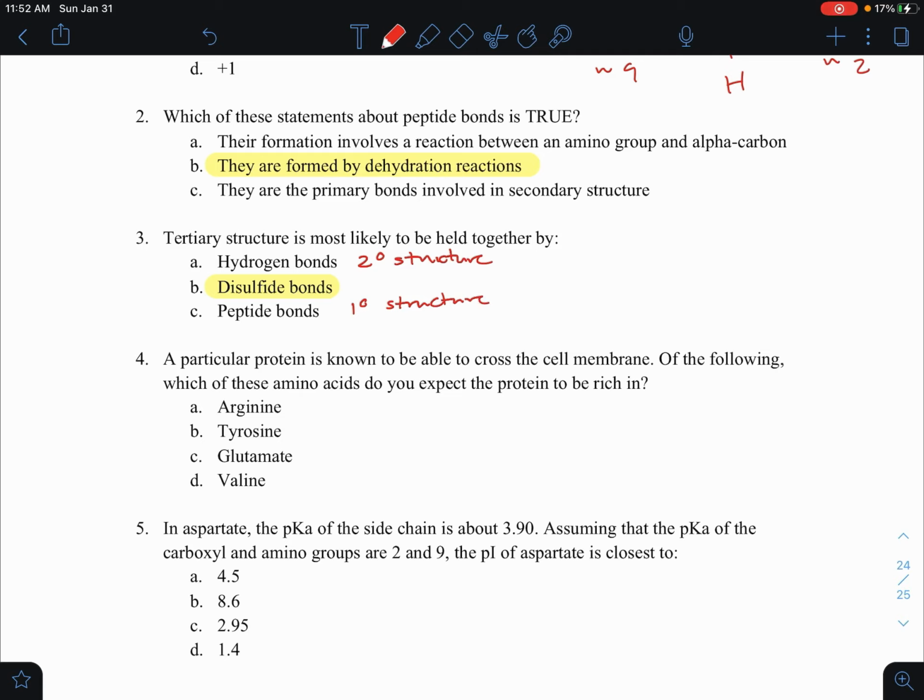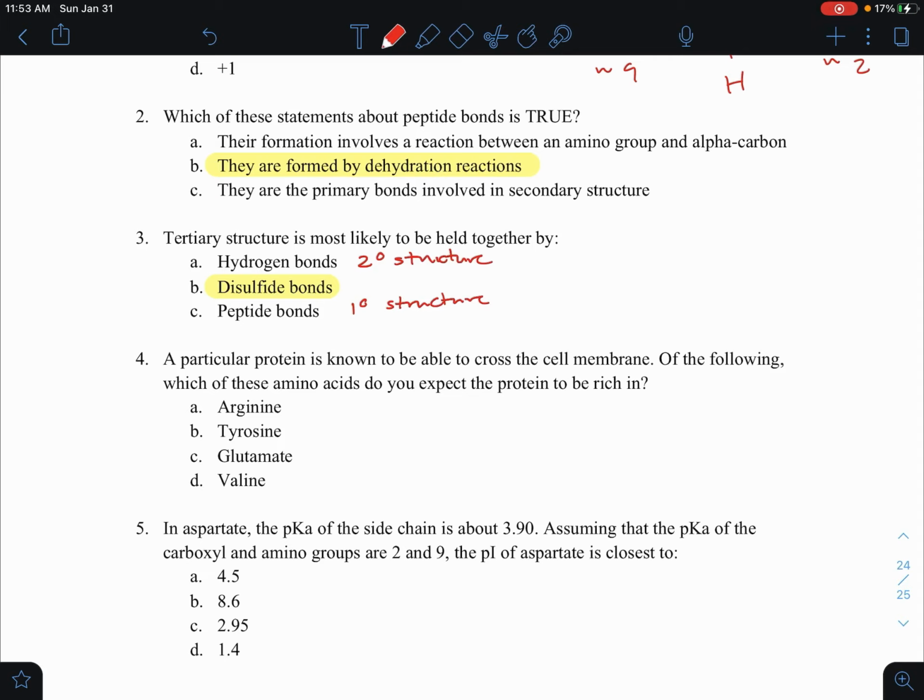Number 4, a particular protein is known to be able to cross the cell membrane. Of the following, which of these amino acids do you expect the protein to be rich in? So this requires a little bit of background knowledge, but what I can tell you is that the cell membrane is very hydrophobic and doesn't allow positively or negatively charged molecules to pass it, but it does allow for hydrophobic molecules to pass it.